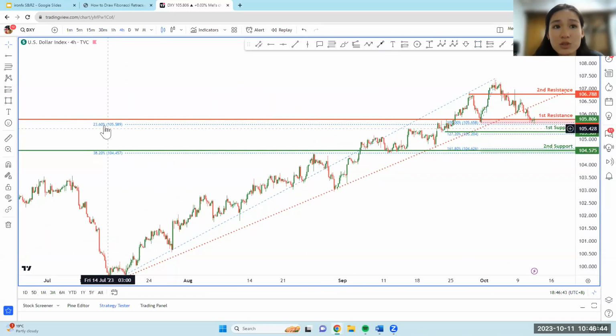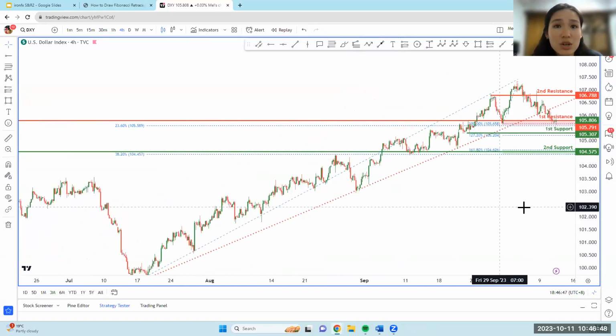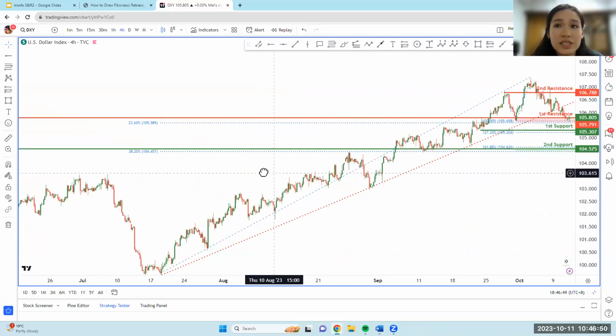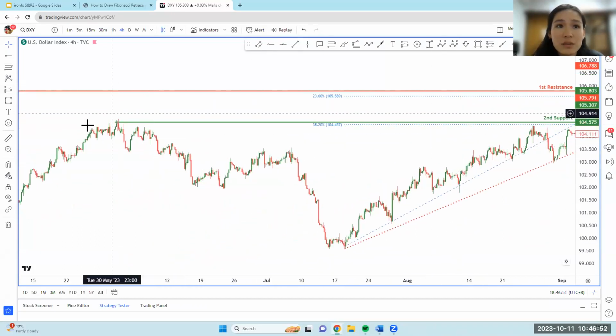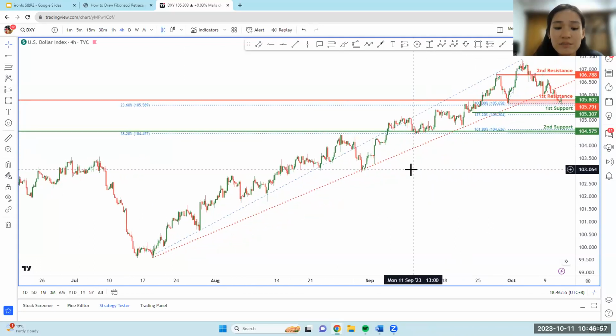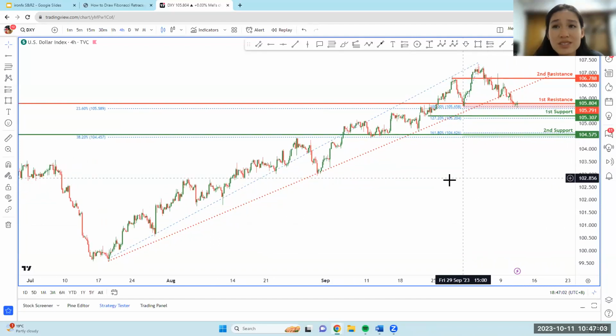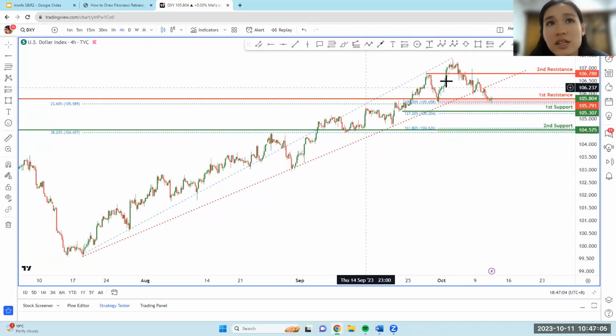Okay, we have the 38.2 and this 161.8, along with this second support, which, as I mentioned earlier, is an overlap level, because you have a swing high here, swing high here, swing low there. Okay, so this is a confluence area, which means price is likely to be attracted to that area.